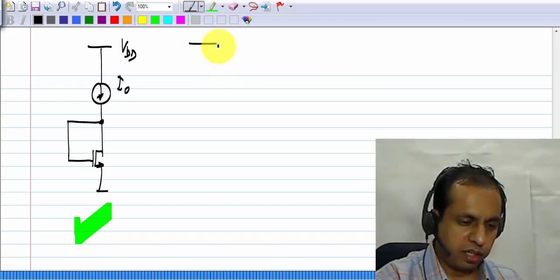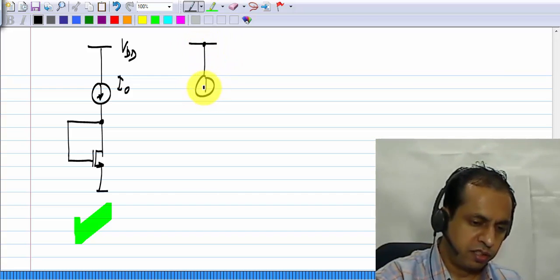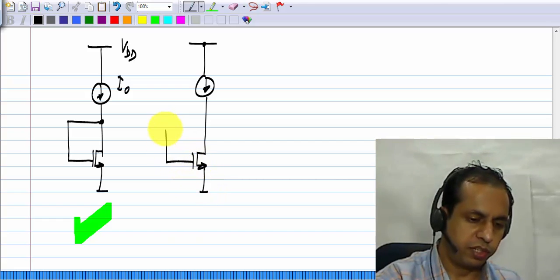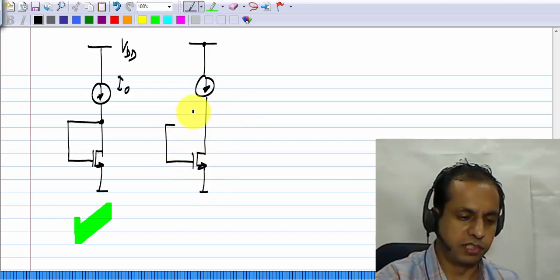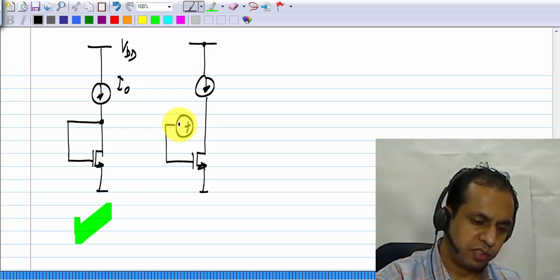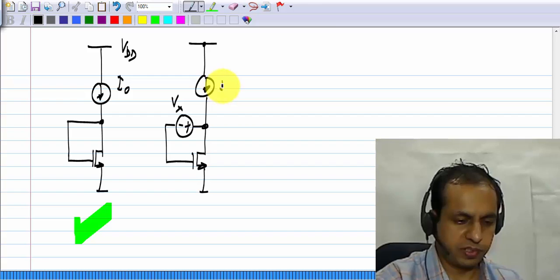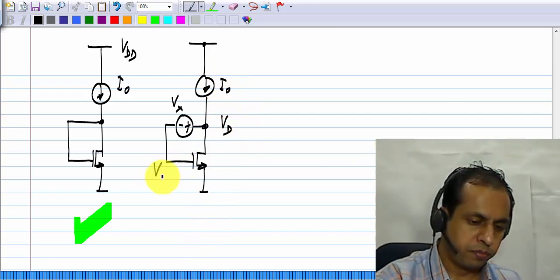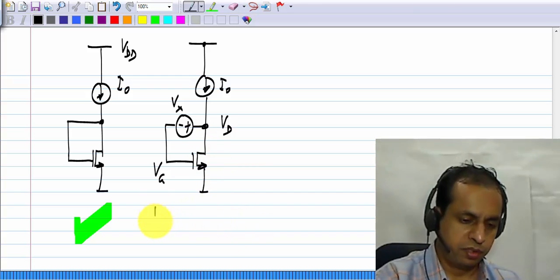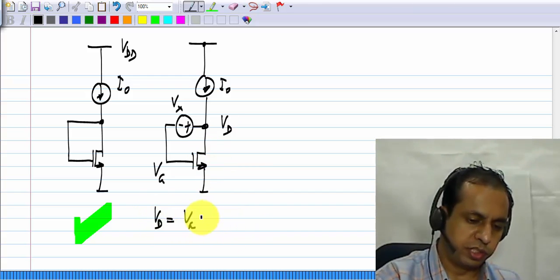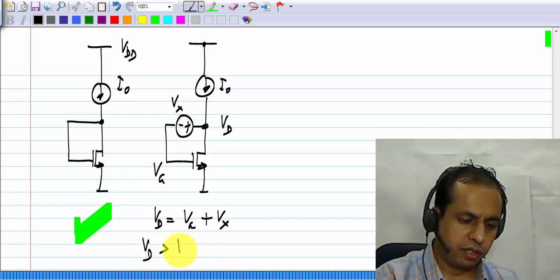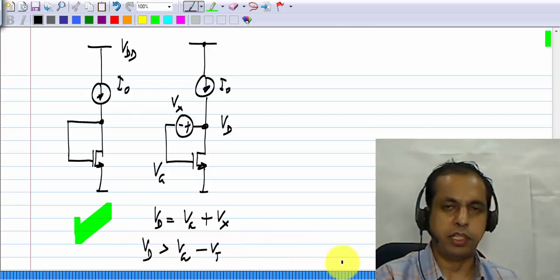Now another alternative, which you would have seen in some activity questions, or I even discussed it in one of the earlier lessons, is to have a voltage source. Okay, so let's say I call this Vx. Then you see that Vd and Vg are not the same. Vd equals Vg plus Vx, and Vd has to be greater than Vg minus Vt.